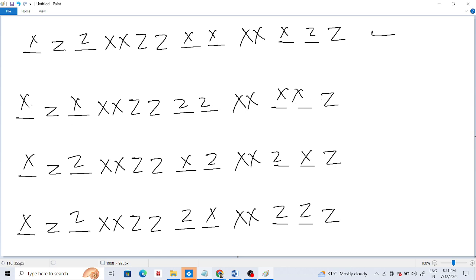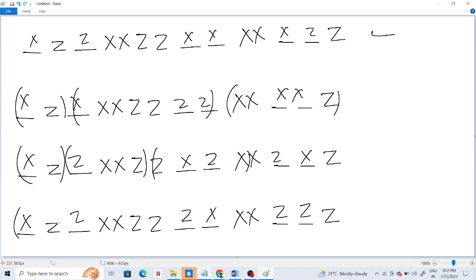Okay, you see here it is starting with XZ, then 3 X's, then 4 Z, again 4 X, 1 Z, not exactly. Here we have XZ, then Z X X Z, maybe we can take this, but Z X Z X, and then X X Z X Z X Z is also not exactly.